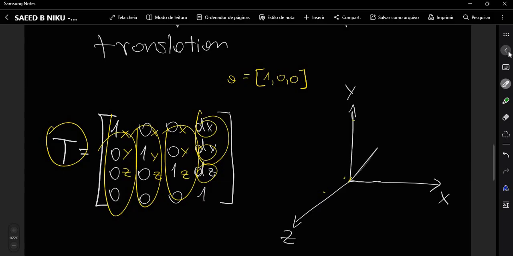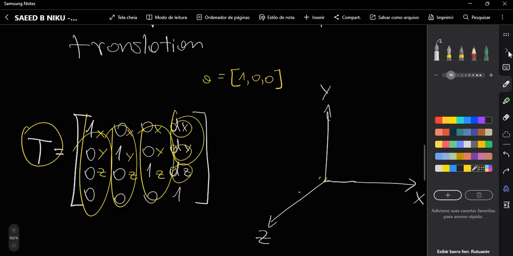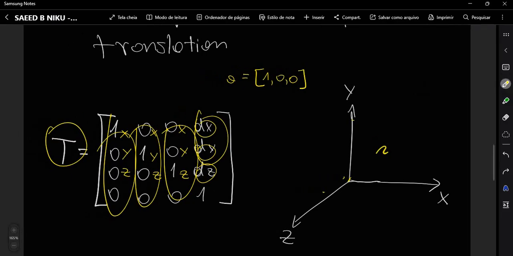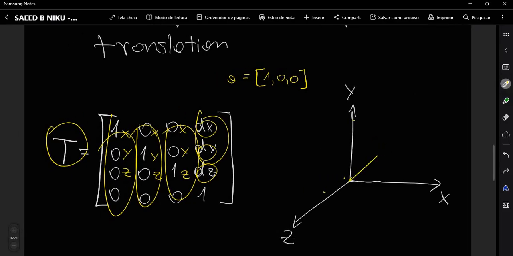So we can have a vector, and let's say that this vector is a robot arm. Let's look right here at a rigid body, and we have our reference system.